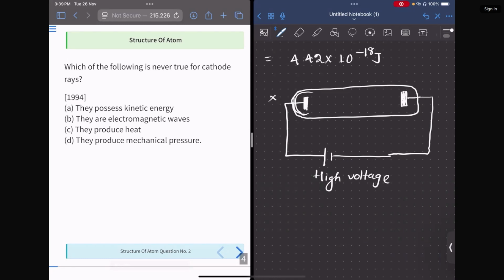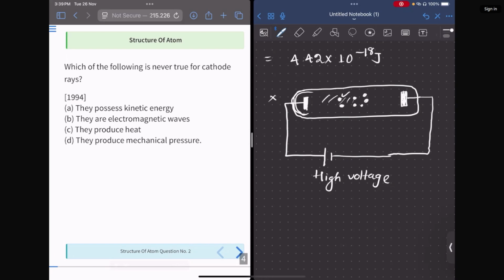When you connect the electrodes to a high voltage source, the air within this will ionize. The atoms here will be ionized.